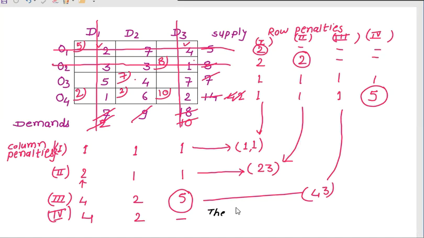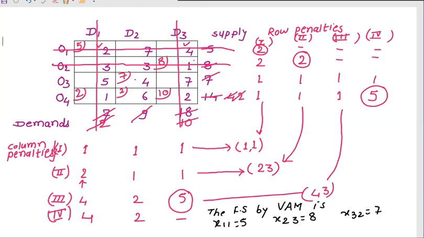So the feasible solution by VAM, Vogel's approximation method, is: in the first row, how many units are transported from the first factory to D1? 5 units. So X11 equal to 5 units. Then how many units are transported from the second factory to D3? 8 units. So X23 equal to 8. Third row, how many units are transported from the third factory to the second warehouse?